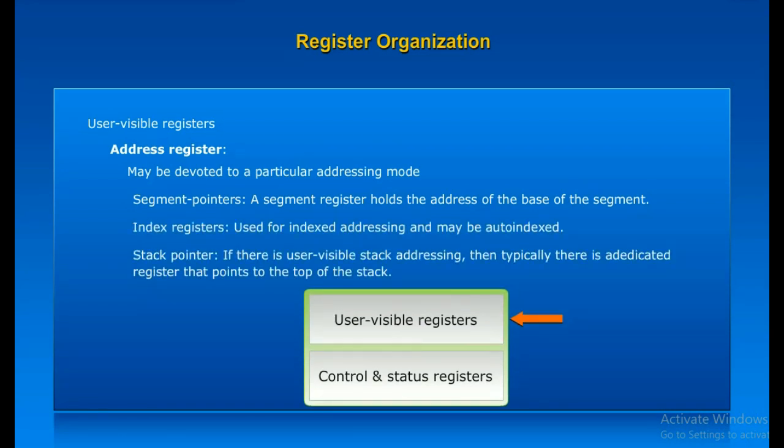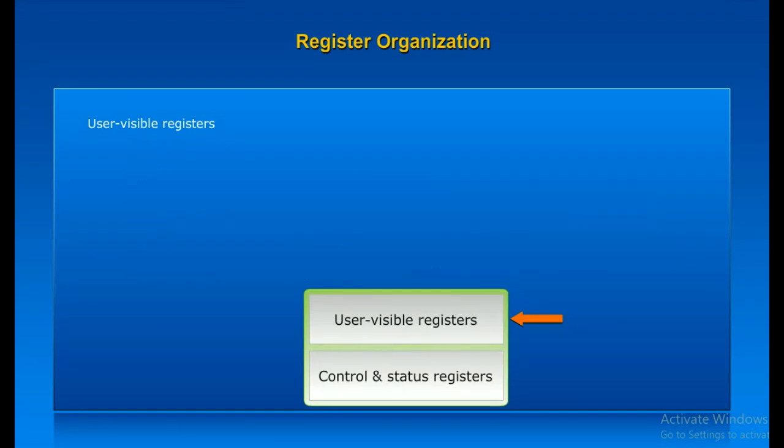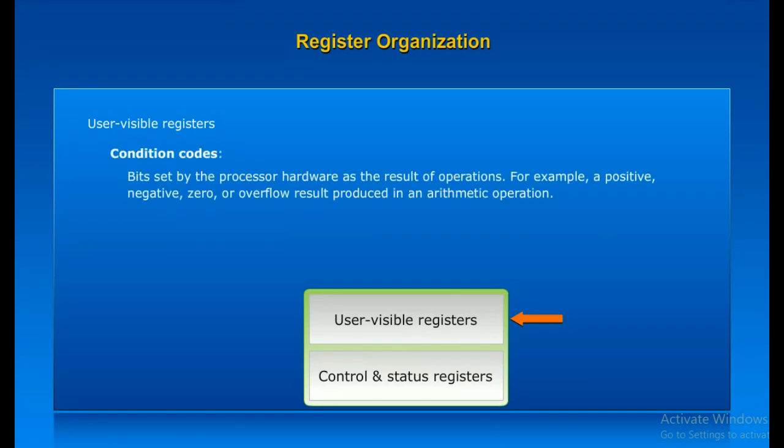Stack pointer. If there is user-visible stack addressing, then typically there is a dedicated register that points to the top of the stack. This allows implicit addressing, that is, push, pop, and other stack instructions need not contain an explicit stack operand. A final category of registers, which is at least partially visible to the user, holds condition codes, also referred to as flags.